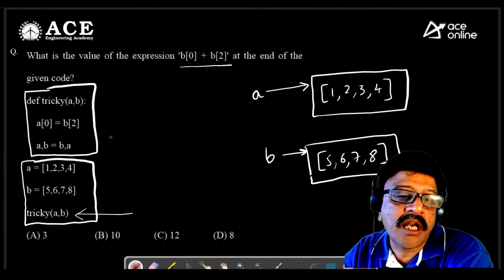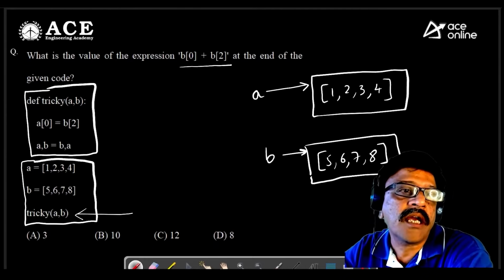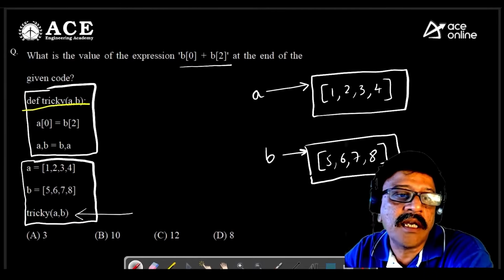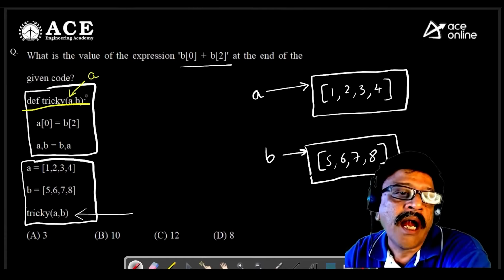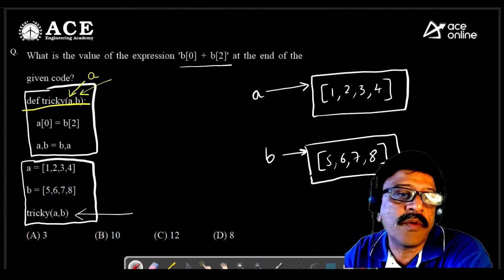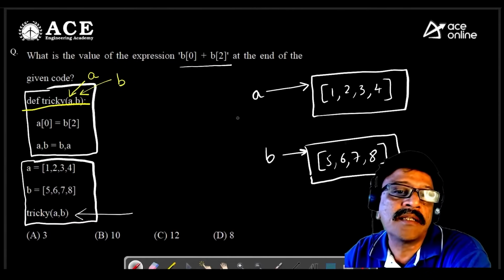Then when this tricky function starts, this reference first A is equal to the reference A of the main. And this B is a new reference which is equal to the reference B of the main. That means there are two new references created.